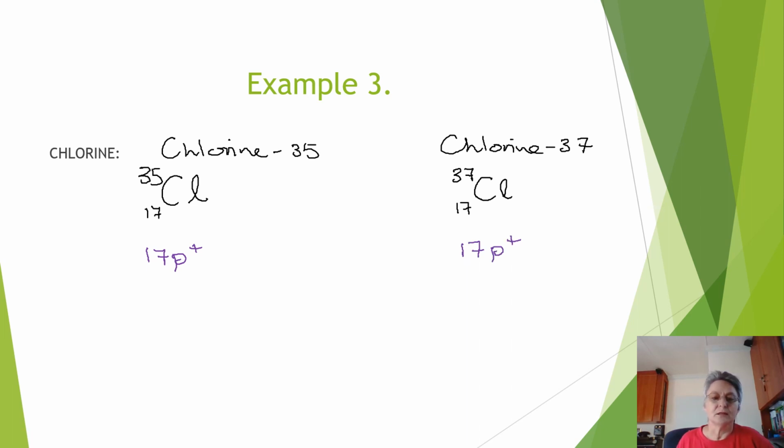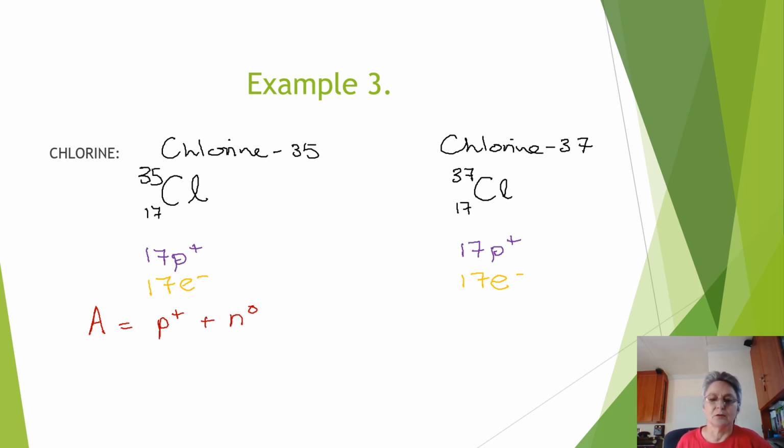The number of electrons in the neutral atom of chlorine is 17 and 17, because for each positive there must be one negative. Now the number of neutrons: the mass number is protons plus neutrons.